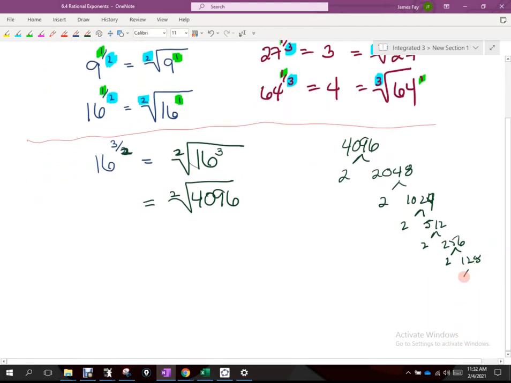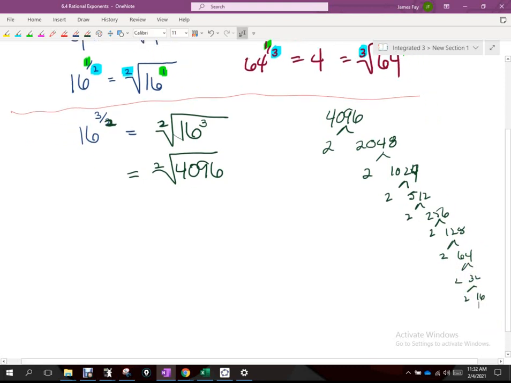So remember doing this, right? 2 into 128, what's that going to be? 60? No, sorry, 64. I don't know why I couldn't do that math. 2 into 64 is 32, 2 into 32 is 16.